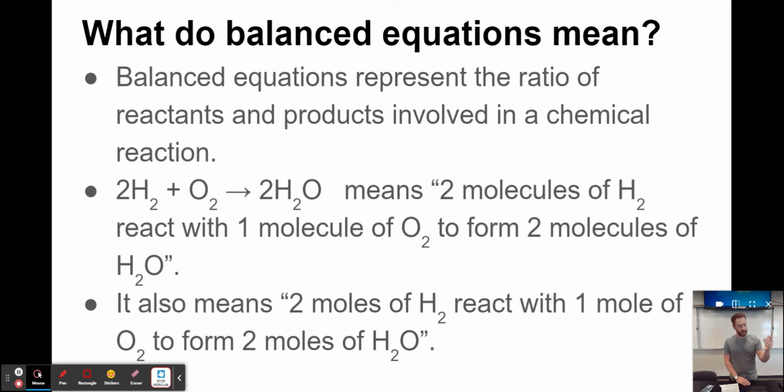So for example, in the balanced equation, 2H2 plus O2 reacts to form 2H2O. What that really means is that two molecules of H2 react with one molecule of O2 to form two molecules of H2O. Now, it also means that if we're at the molar scale, 2 moles of H2 react with 1 mole of O2 to form 2 moles of H2O. So it is displaying a relationship both at the atomic level and at the molar level.